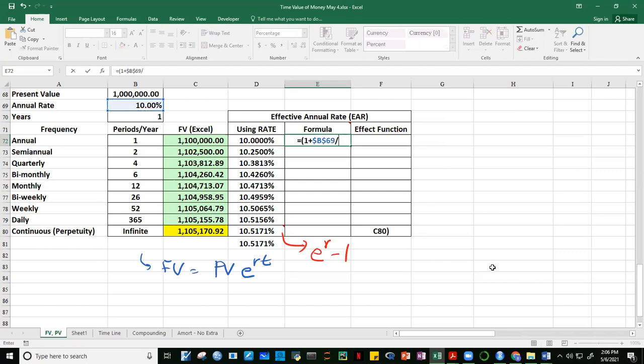Okay, divided by the periods per year raised to the periods per year. Okay, so that's the formula.